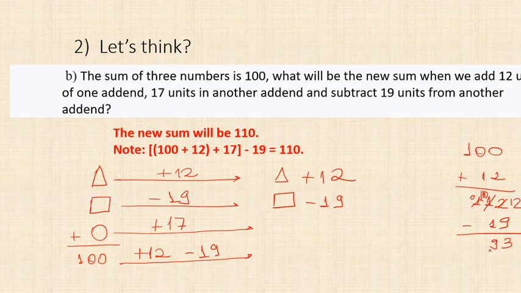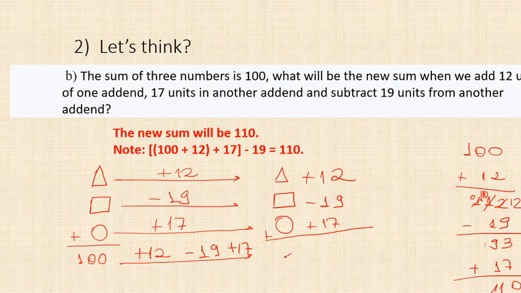It's going to be 93. But then in the last addend, I add plus 70 units. So I have to add 70 units to my old sum. So my new sum is 110, okay?